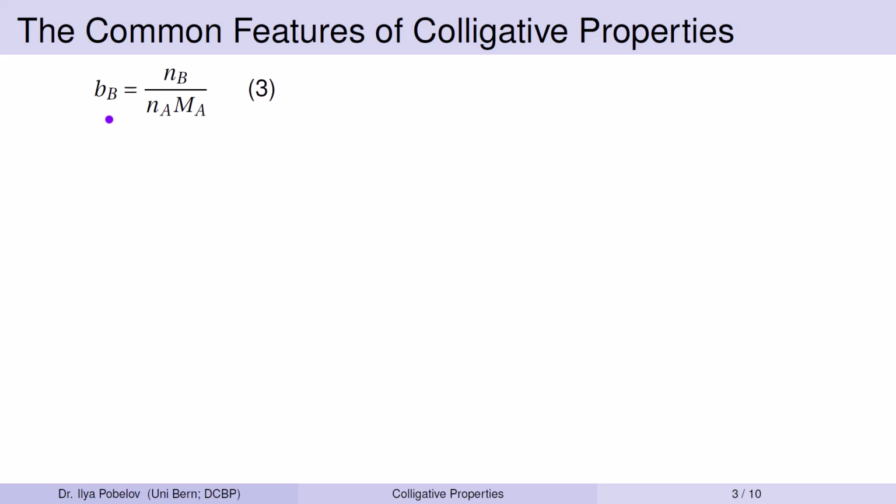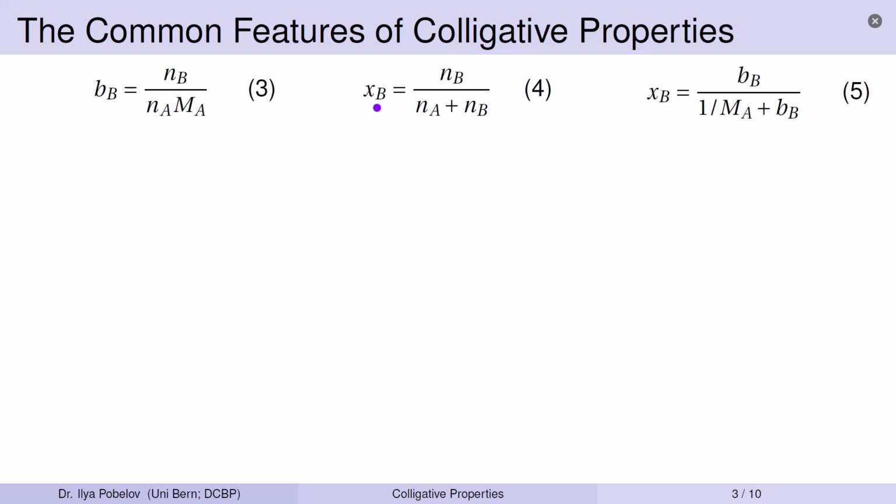The physical quantity of molality B is widely used to characterize the amount of solute in solutions when describing colligative properties. It is defined as the number of moles of solute B per kilogram of solvent. The mole fraction of component B can be related to molality using this equation.